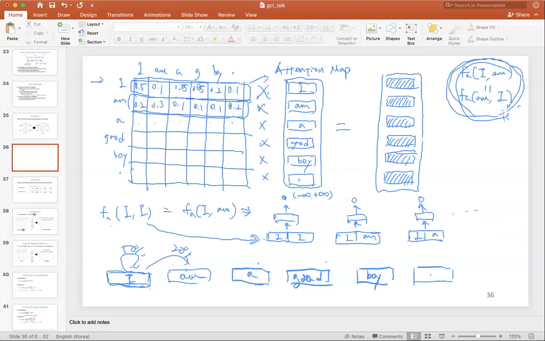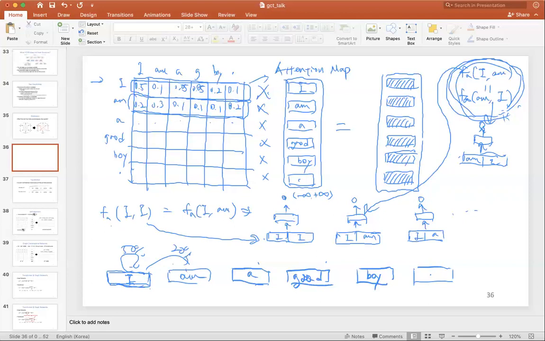If you use this approach, there's no way you can escape the commutative property. Everything is fully connected to everything else, so basically you're calculating the same thing.